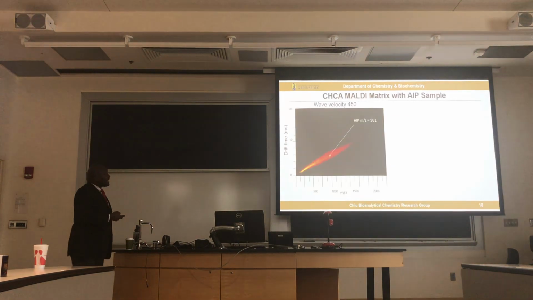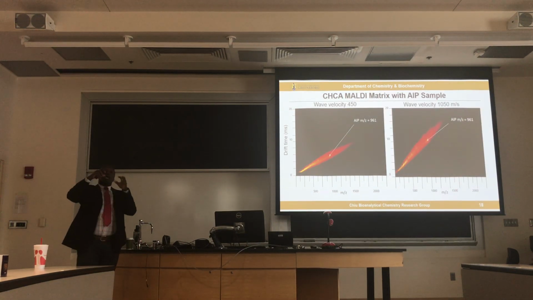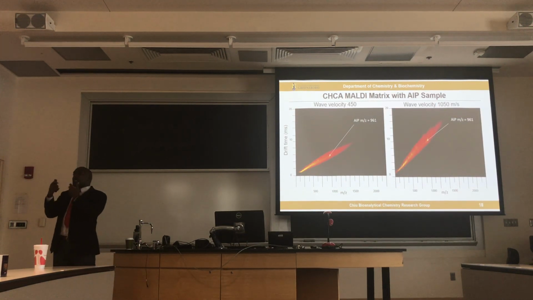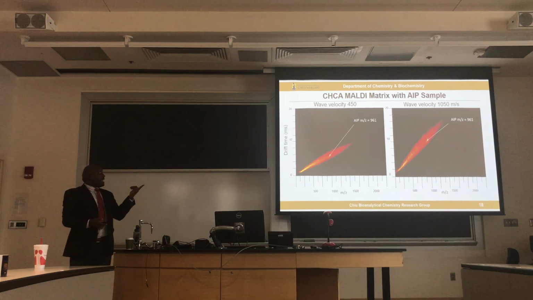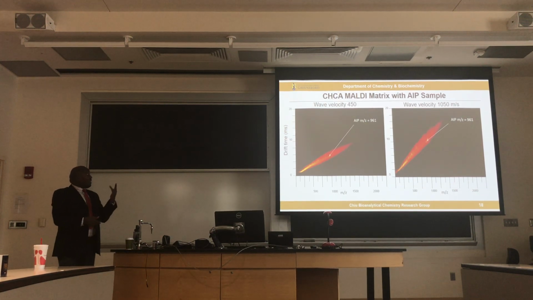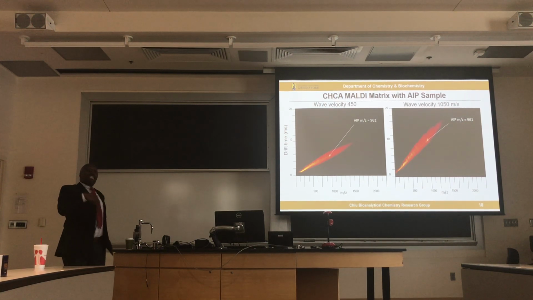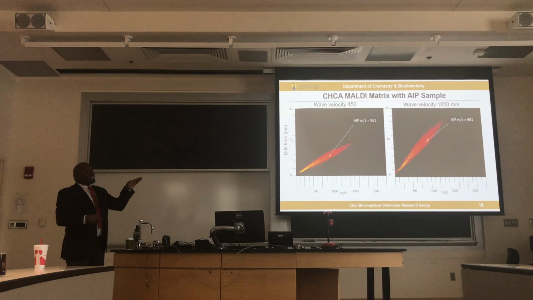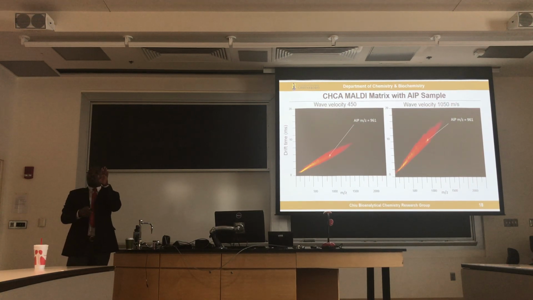And then you also realize that this shift happens with any sample that you co-crystallize with. For example, what you're seeing here is the AIP, what we call autoinducing peptide, which is just a standard. The mass is 961, and it's singly charged. So the shifting of the trend line happens with the sample.